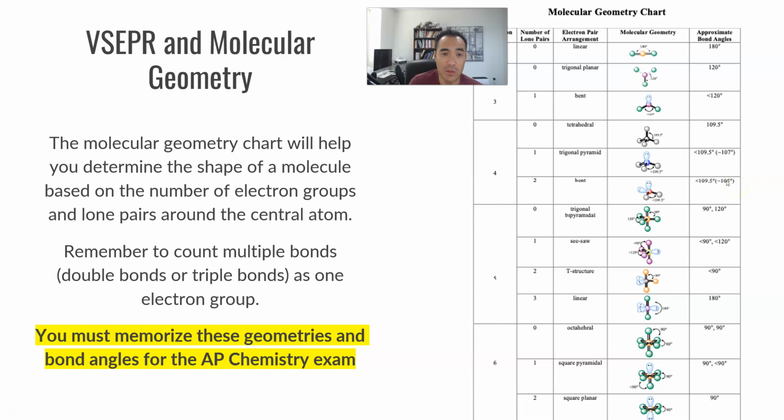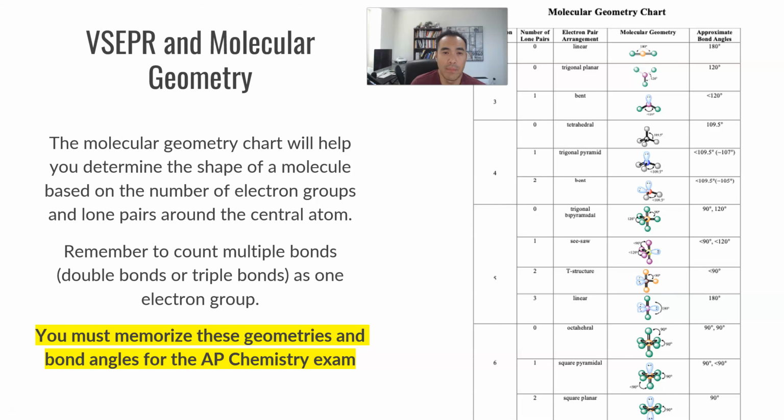And then once you get to the 5 and the 6, you're going to see that it becomes 5 things attached. In this case, you would have trigonal bipyramidal, seesaw, T-shape, and linear, and the bond angles are going to go down to 90, 120, 180. So the magic numbers here and the trick is to know that it's 180, 120, 109, and then 105.